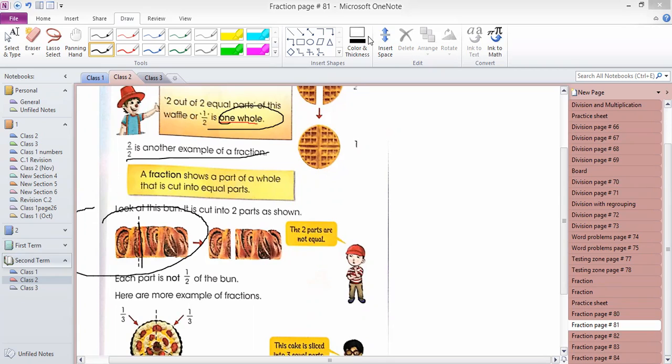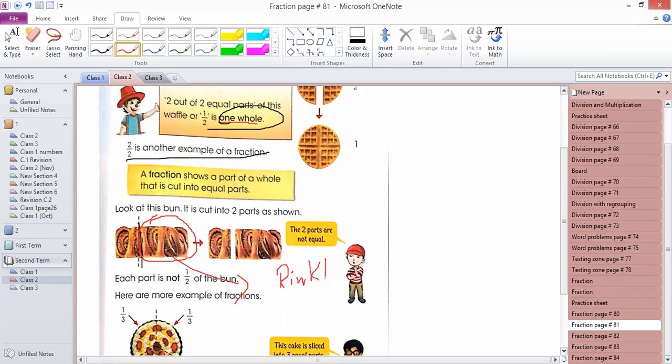Into two pieces? No. Very good. It is no. Why no? Because we can see that the right piece is bigger than the left one.